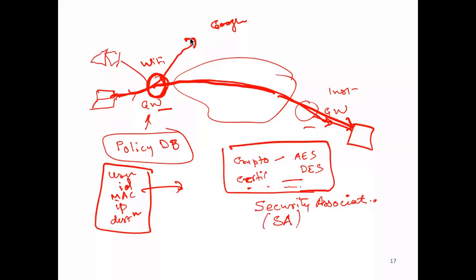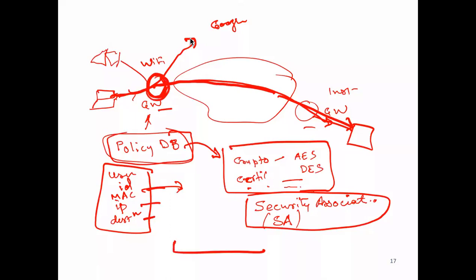Now the moment it looks at the policy database, it will find out from the database what kind of security association you have, based on your MAC or IP address or destination. Then that kind of processing will be done on your IP packet, because your machine has sent an IP packet.